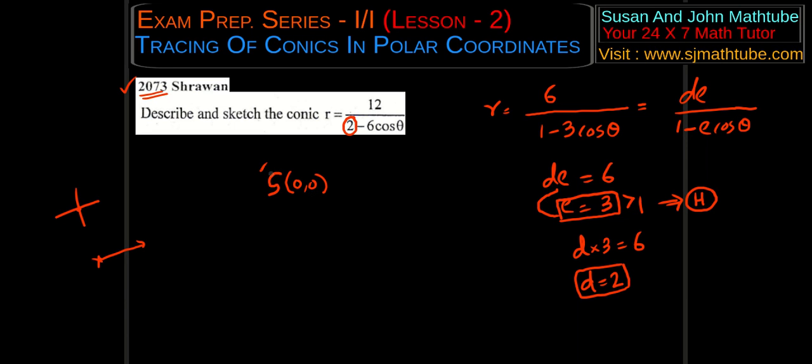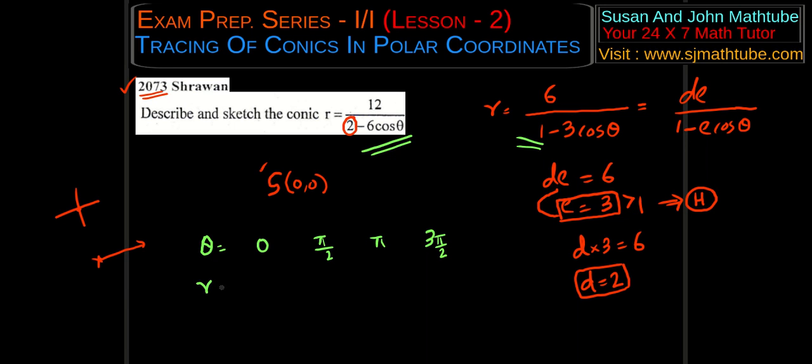Okay, now the next thing and the most important thing, we have to collect 4 points. So we plug in values for theta, and we use theta to be 0, 90 degrees, 180 degrees and 270 degrees. And you can plug it in the given equation or the simplified equation, it's up to you.